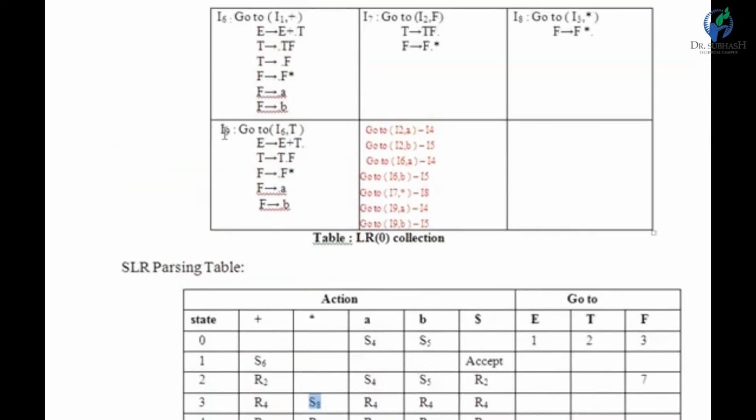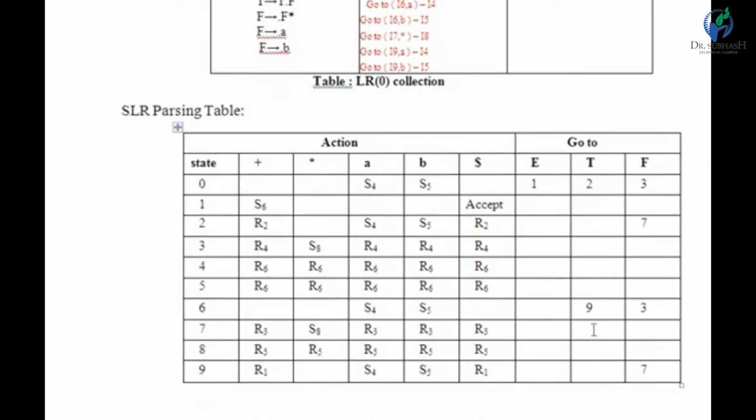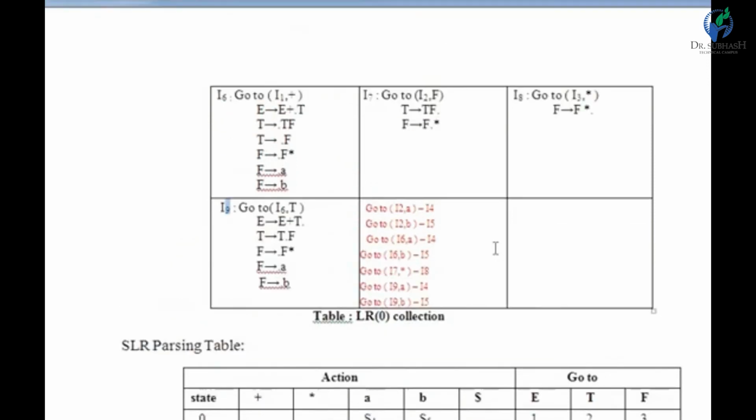Next, I6 to T. 6 to T, it's I9. So write 9 for 6 to T. Then check all the productions.